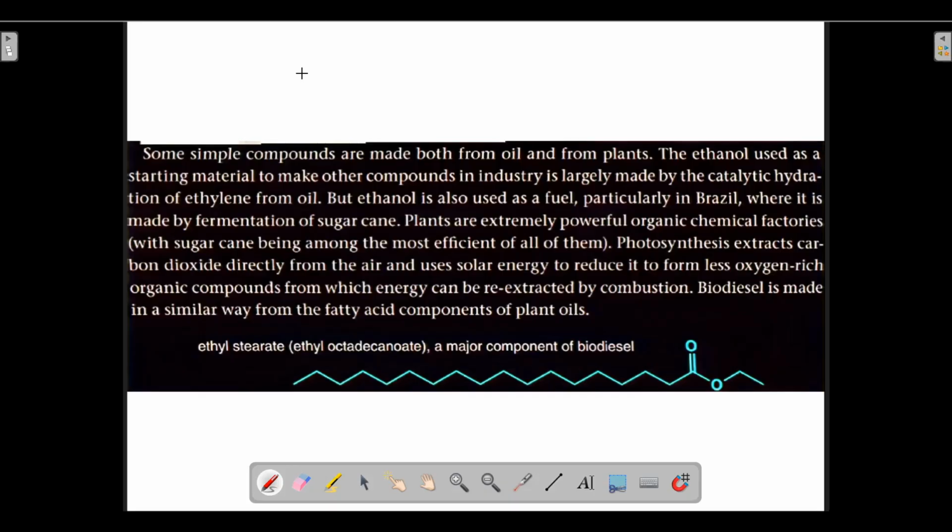The simplest carboxylic acid is formic acid, then the second simplest carboxylic acid is acetic acid. Here the carbon chain length is 1 carbon, over here it is 2 carbons.